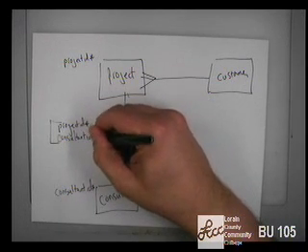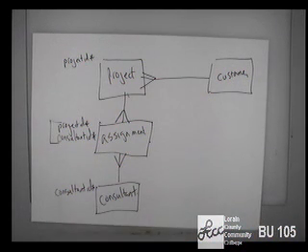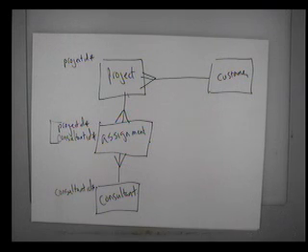I don't know if I mentioned it before, but a primary key doesn't have to be just one field. It can be a combination of fields, as long as the combination is unique. And as long as both fields are always there. In other words, I could not have in this table a project ID and a null consultant ID. There has to be values for all parts of the primary key.